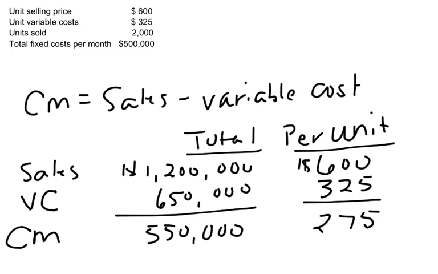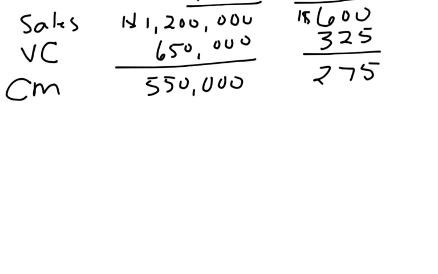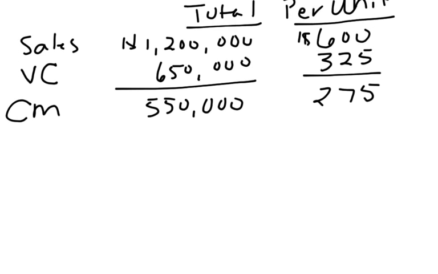Now, we'll go one step further so you can see how this would impact profit. Erase my doodle. Scoot up just a tad. There we go. Okay. So now let's put those fixed costs in. We had $500,000 in fixed costs.